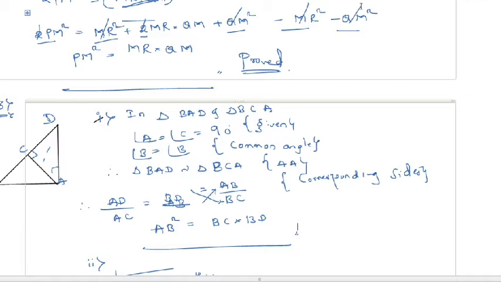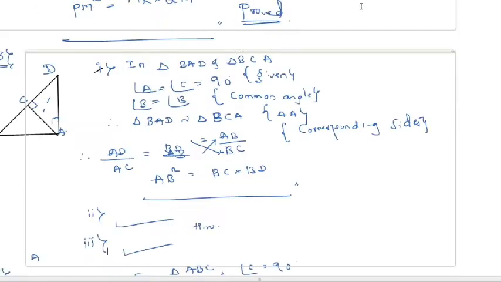If they are similar triangles, then corresponding sides are in proportion. So, we can write AD by AC is equal to BD by AB is equal to AB by BC.